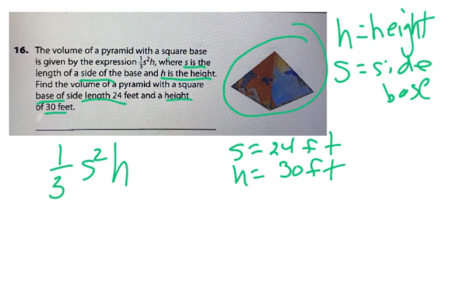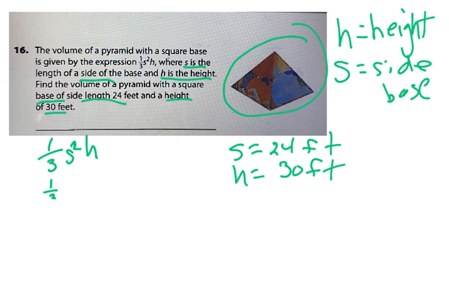Okay? So since I know that 1/3 times s squared times h is my formula, I'm going to write that a little bit smaller so I have more room to work. I'm going to put that here. And remember, when 2 numbers or letters touch with algebra, that means multiplication. So I'm going to fill in what I know.